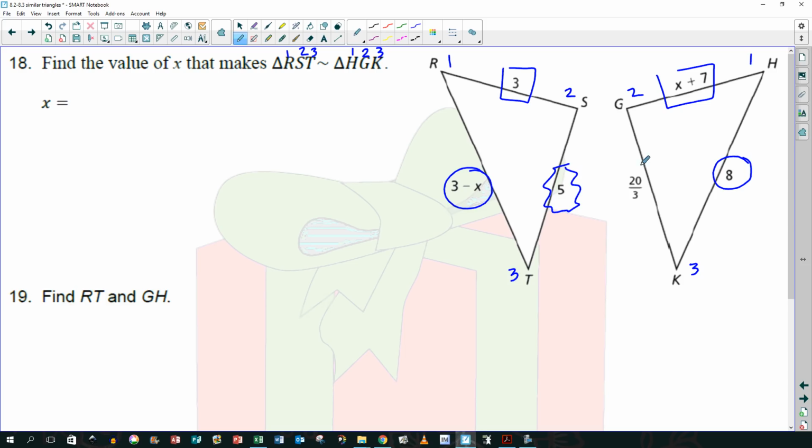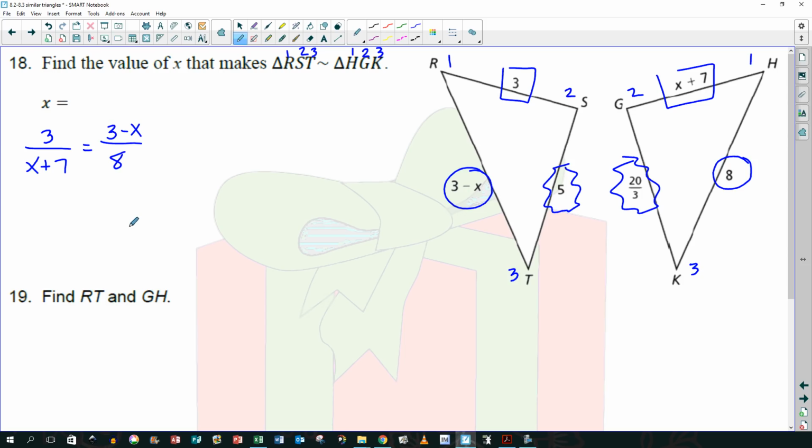And 2, 3 goes with 2, 3. All right. So what are we going to do? Well, I know that 3 goes with x plus 7. I know that 3 minus x goes with 8.